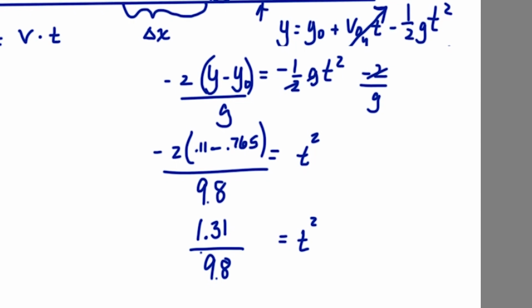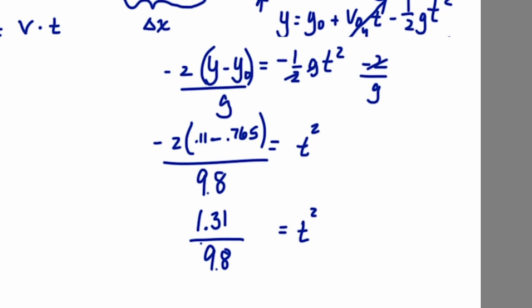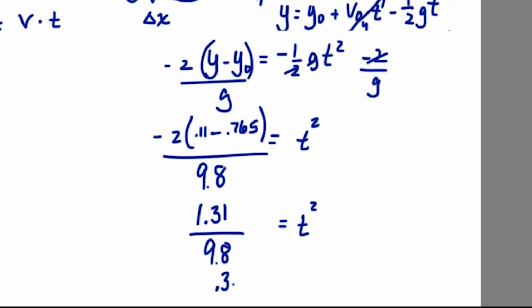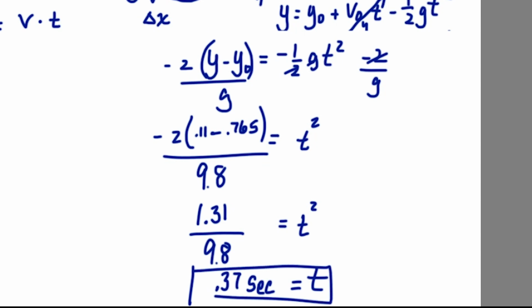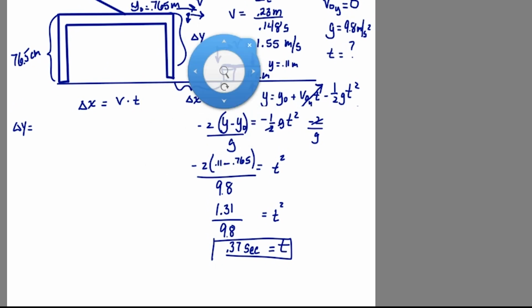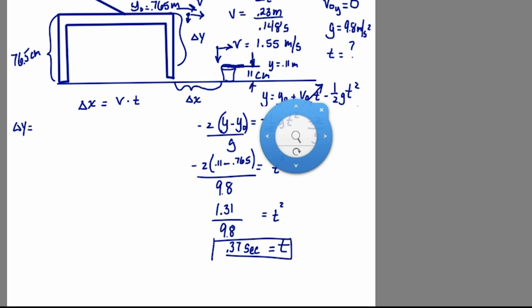Divide that by 9.8, I get 0.133, and then we take the square root of that and get 0.37 seconds is t. I just solved for t here, and I get 0.37 seconds. So that was really quick. It's in the cup by then.